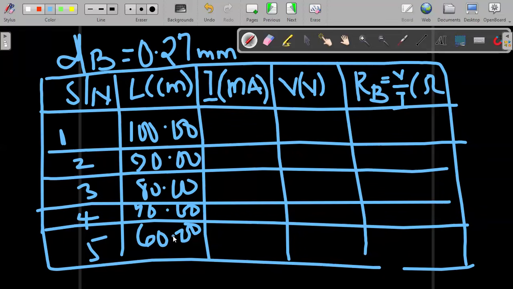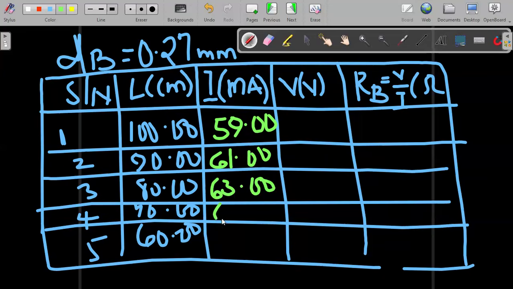So if you do the same thing using the second constant wire, the first ammeter reading we read is 59.00. Here we read 61.00, 63.00, 65.00, then 67.00.